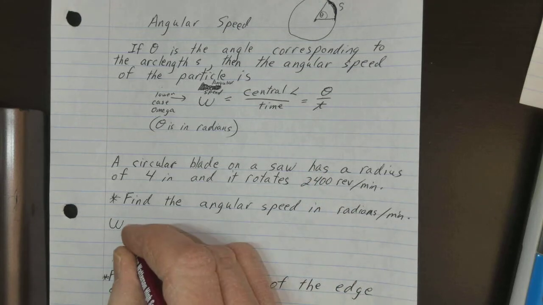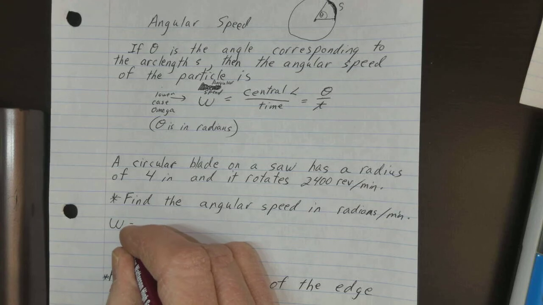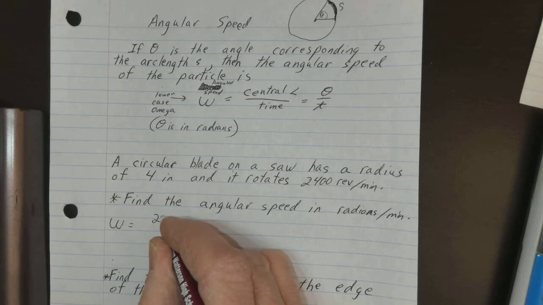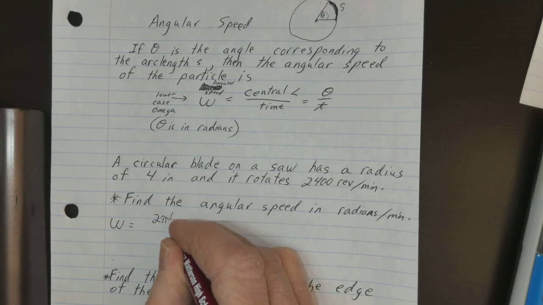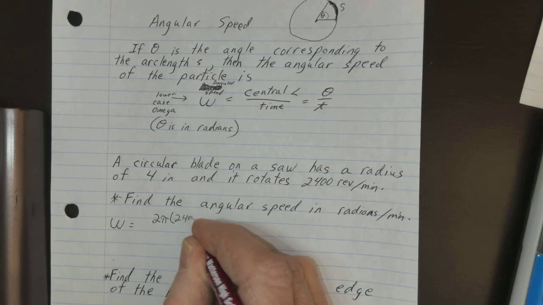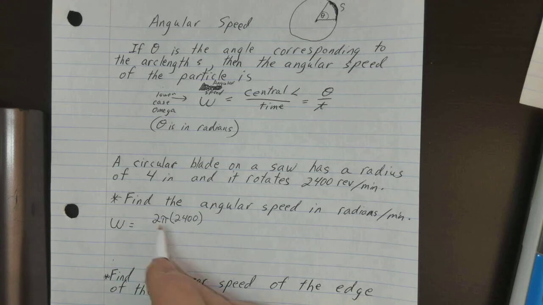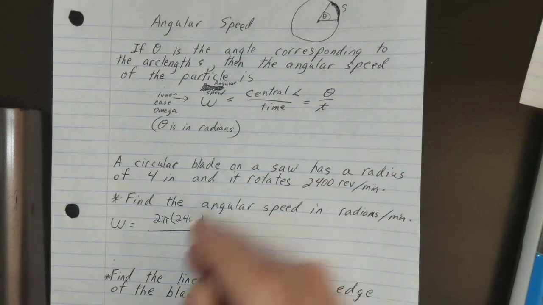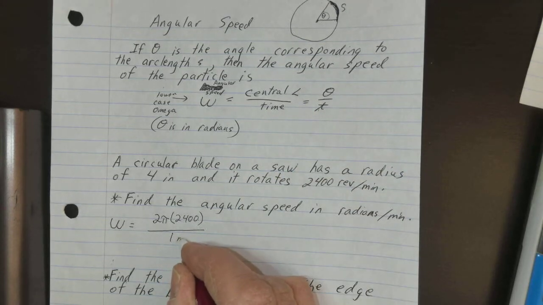In radians, one time around is 2 pi. It's going around 2,400 times. This is one time around. Multiply that by 2,400, and then your time is 1 minute.